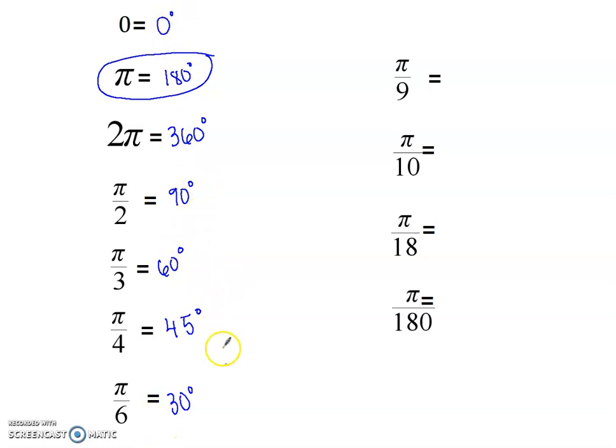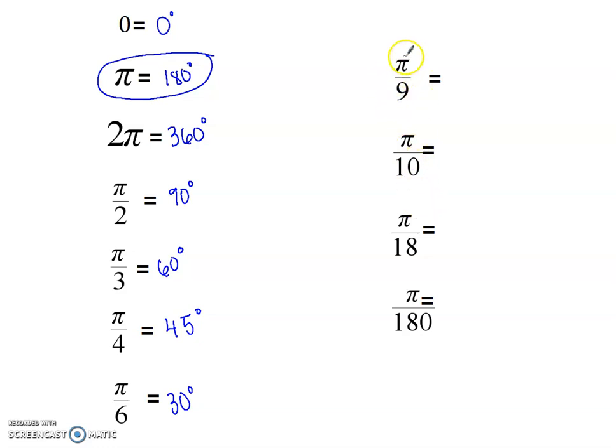These are the ones we use most often. If you look right here, these are our angle measures in special right triangles. So these will show up a lot when we're dealing with radian measures. These over here we don't use as often, but they do come up occasionally.